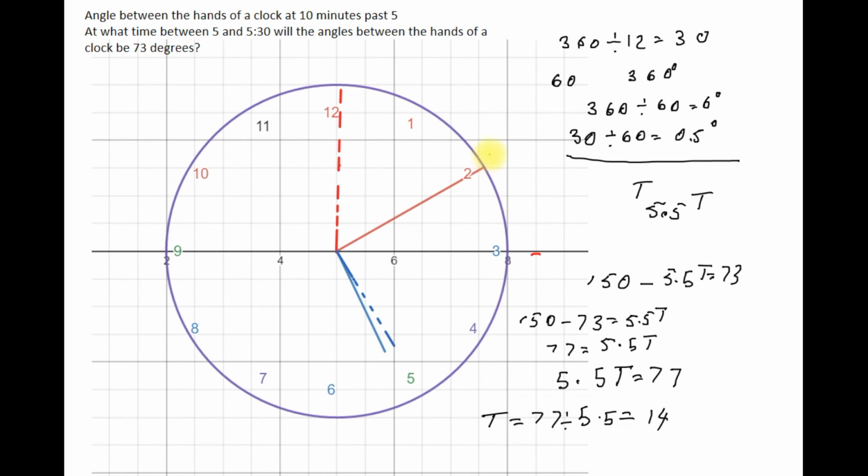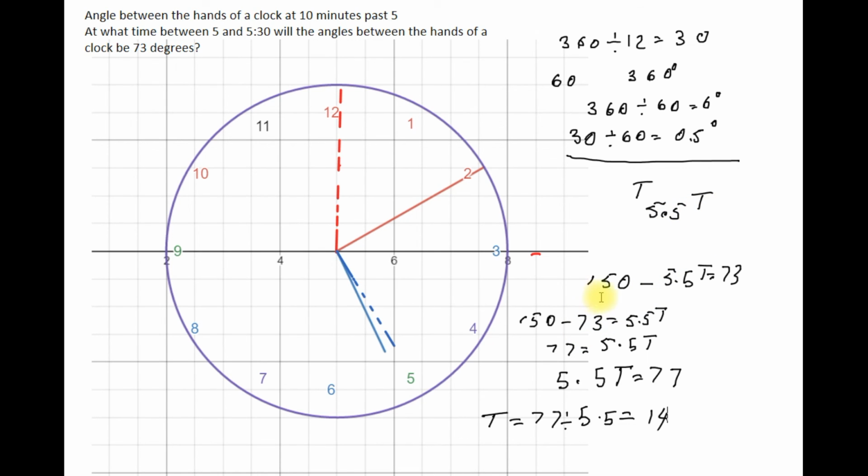To do a quick recap of what we did here, we started at 5 o'clock, which are the dotted lines. At 5 o'clock, the angle between the two hands is 150 degrees. And we wanted to know after how long between 5 and 5:30 will the angle be 73 degrees. If we assume after t minutes, then we know that in t minutes, the angle will get reduced by 5.5t.